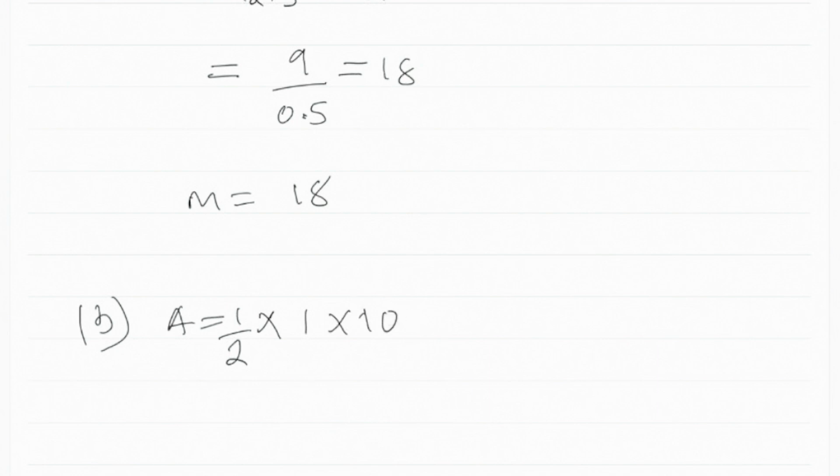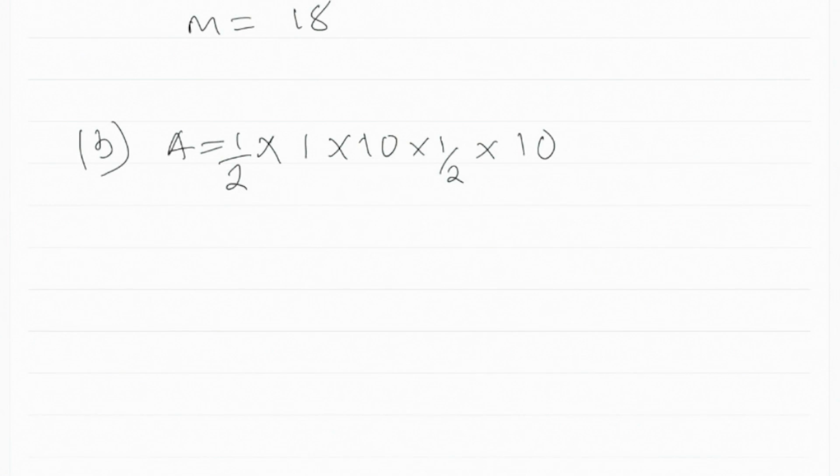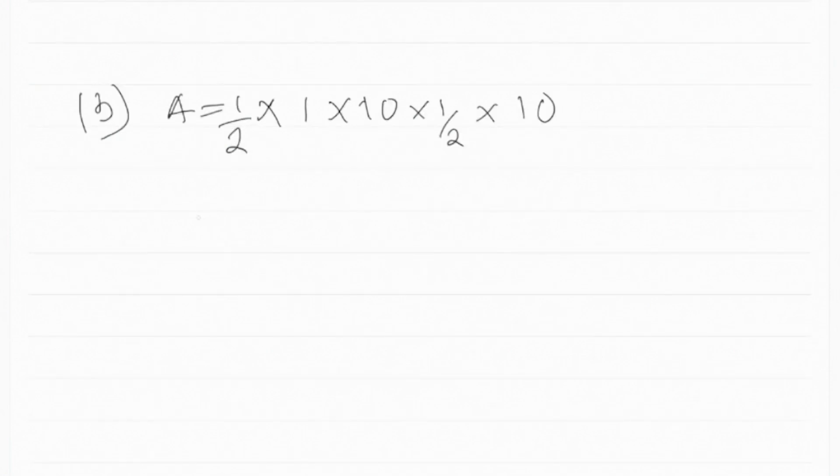I'm sure you're able to follow. Times 1 over 2 times again the 10 using the graph that we've been given above, and our area is going to be 5 plus 4 plus 5, and our area is simply going to give us 14 square units.